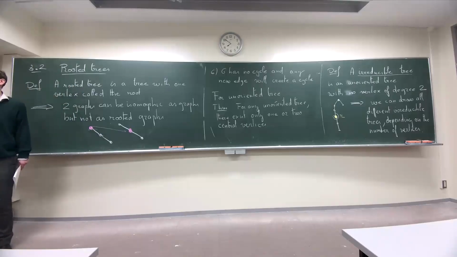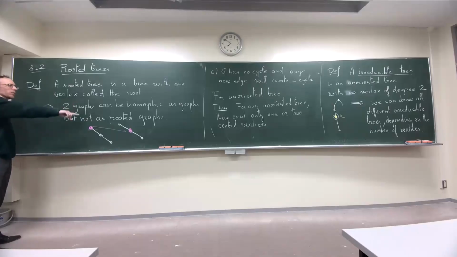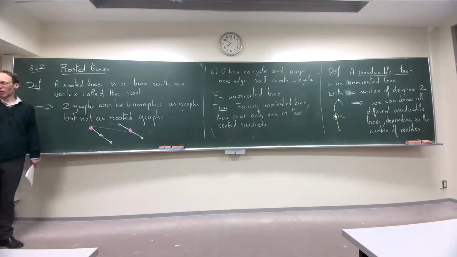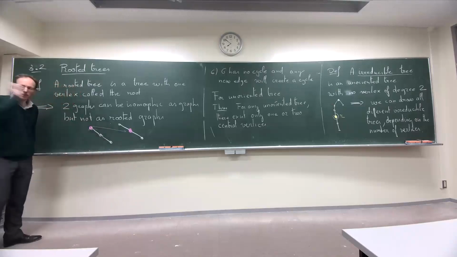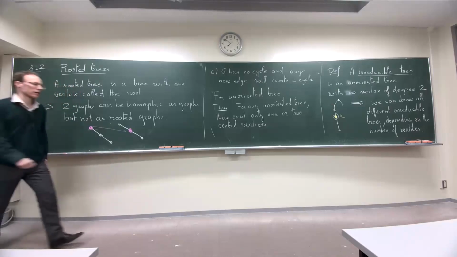It's impossible. So these two graphs are isomorphic as graphs, but not as rooted graphs. Be careful about this. So the root is you fix one special guy.